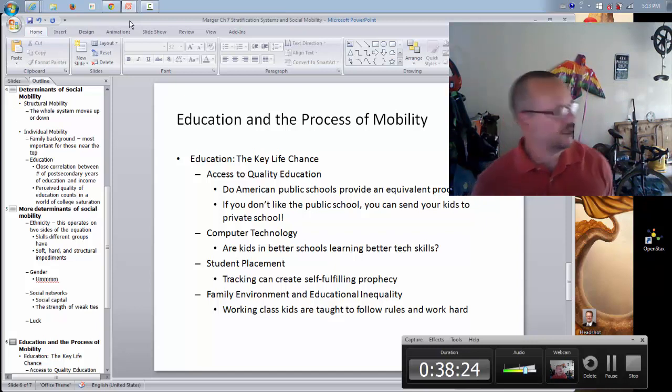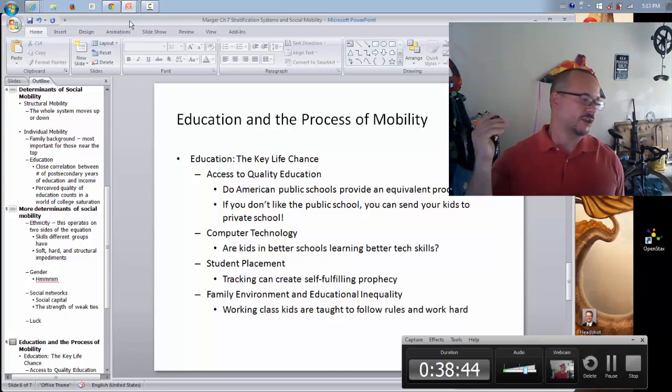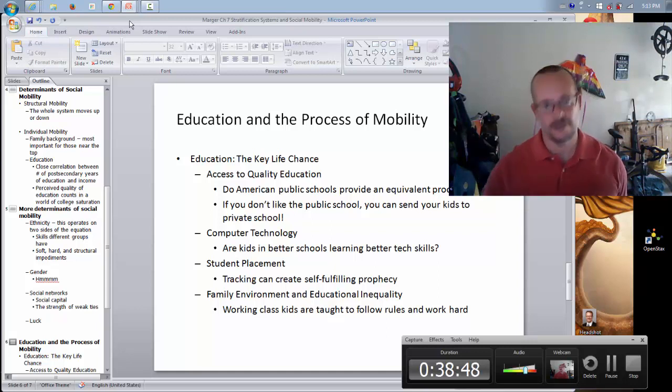The family environment and educational inequality. This is kind of a cultural thing, and I think you can understand it. If you pay attention to the upper middle class parents, they're a humongous pain in the ass at schools. They show up at PTAs. They talk to the teachers.